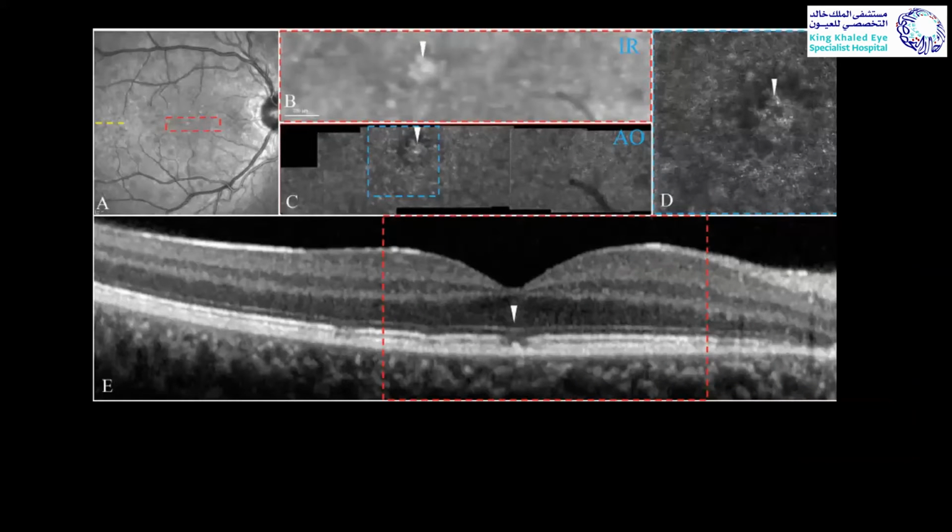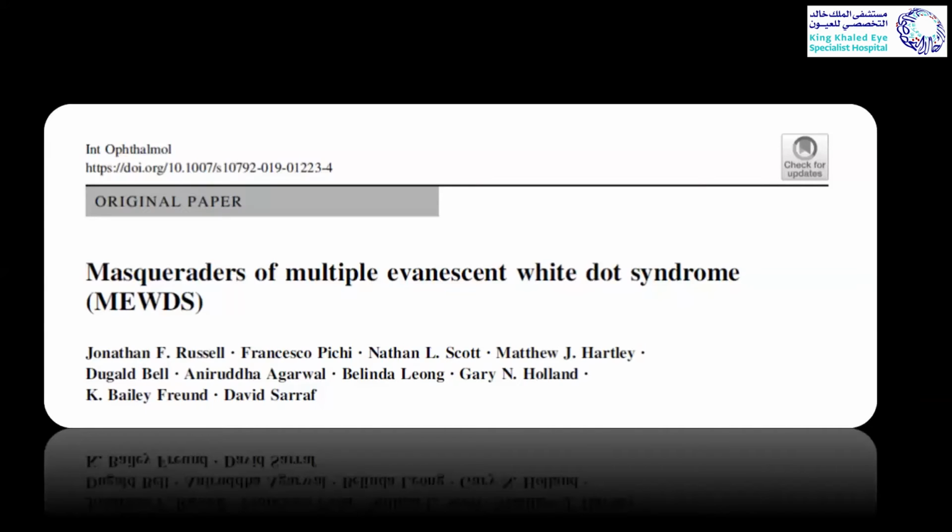So in adaptive optics, they found these dots are hyperreflective dots on top of the RPE that have a very characteristic appearance on the adaptive optics. You can see in images C and D. So these dots are usually hyperreflective, surrounded by hyperreflective halos, which represent the area of the photoreceptor debris on top of this RPE.